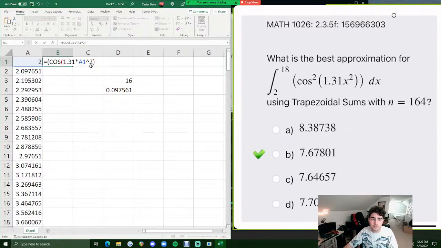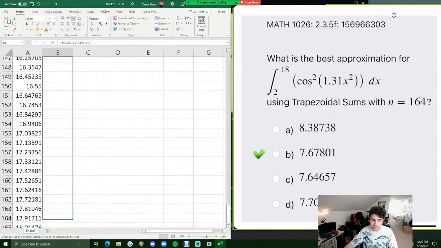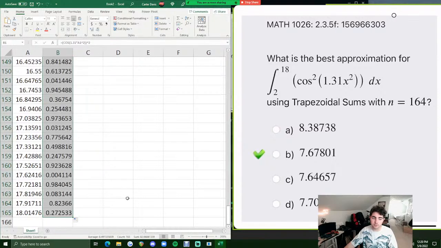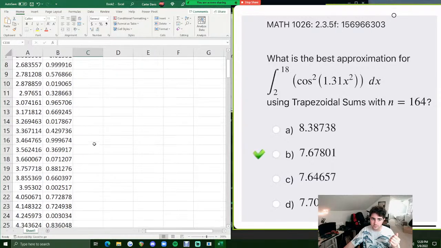We close off the entire cosine, and then we square it. This gives us the y value at x equals 2. Now this will give us all the other y values. Keep in mind the y values are representing the heights of all these trapezoids. So now we have everything we need.